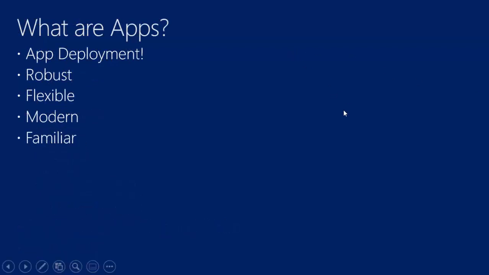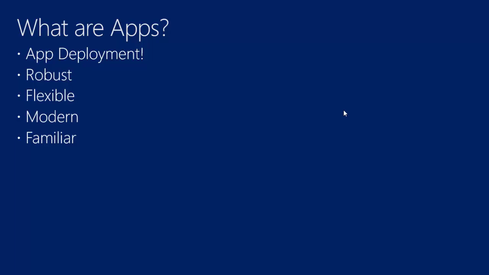So, what are apps? Well, put simply, apps are app deployment. So you use the apps node of the client app section in Intune to configure app deployment to your various devices. Again, today's focus is Windows. Apps, very robust, right?